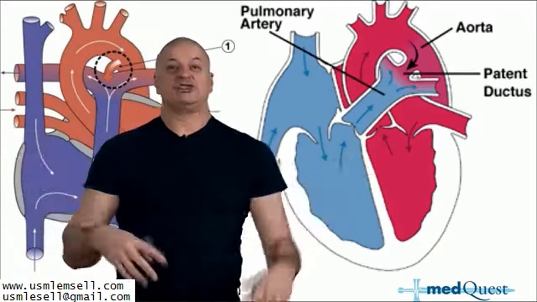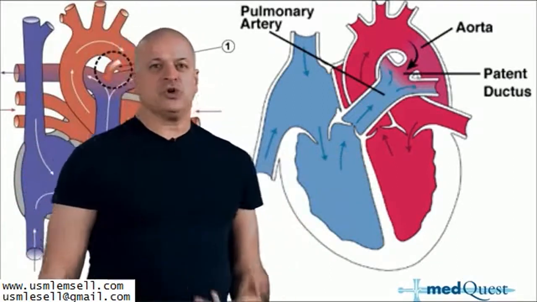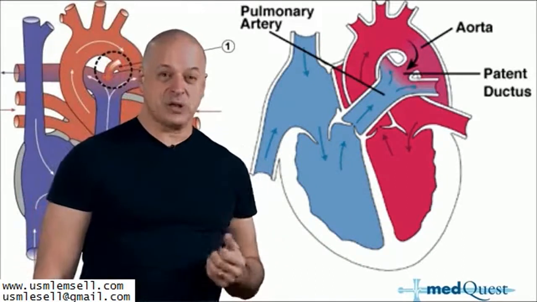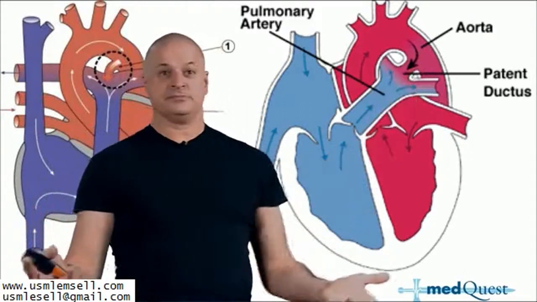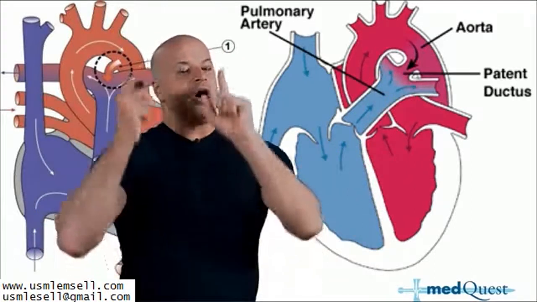So we want it to bypass the lungs and go straight from the pulmonary artery into the aorta, because the lungs are squished. When you're born, the pressure inside the lungs goes down, the blood should start going into the lungs, and the ductus arteriosus should close.